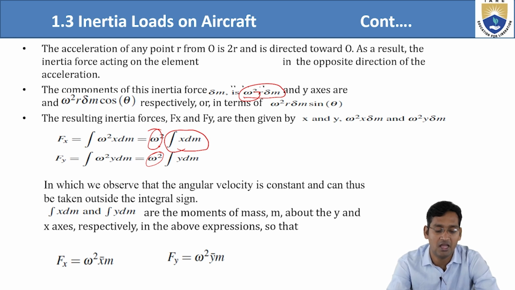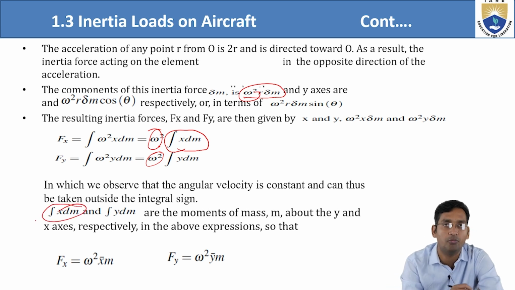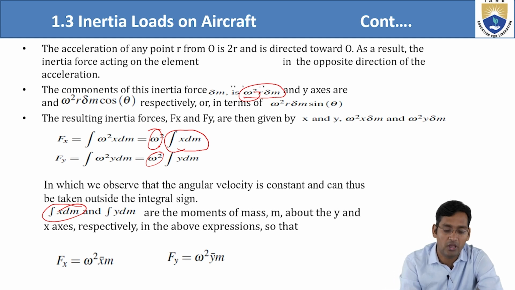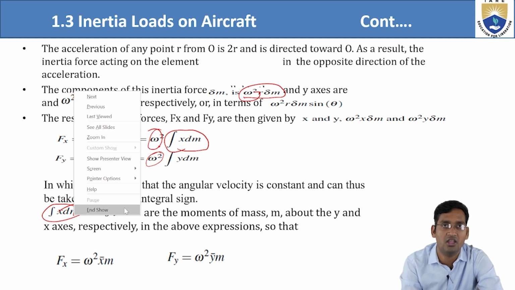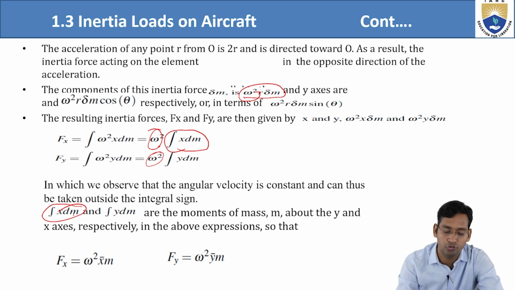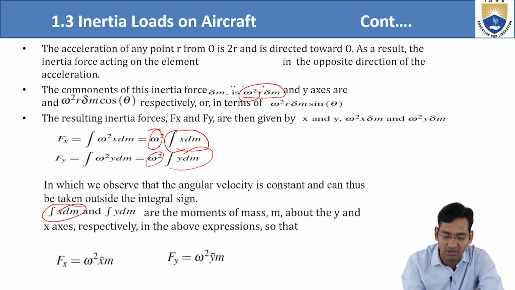So the integral of x dm and the integral of y dm are the moments of mass, about the y and x axes. So x dm is about the y axis and y dm is about the x axis.